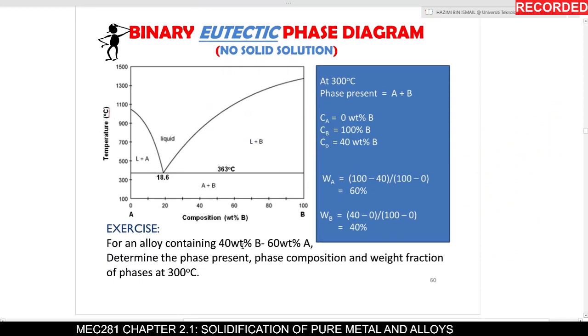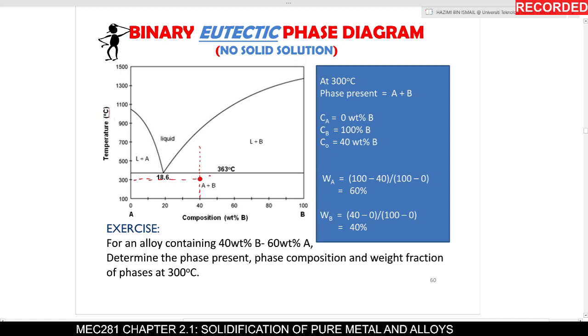Still containing 40% beta and 60% alpha, still on that same composition. Determine the phase present, phase composition, and weight fraction of phases at 300 degrees C. Okay, so 300 degrees C now around here. So this is the point.